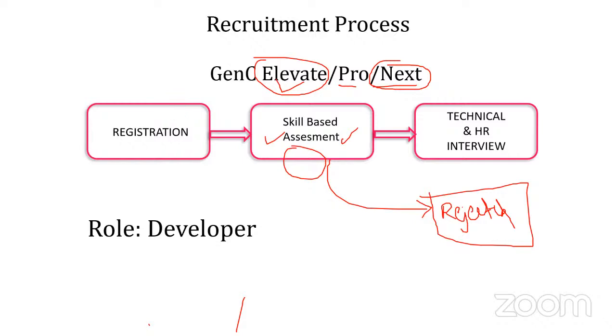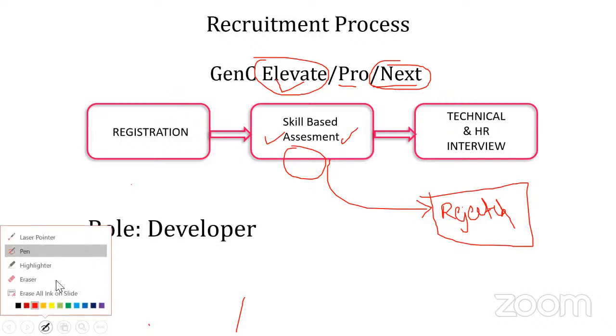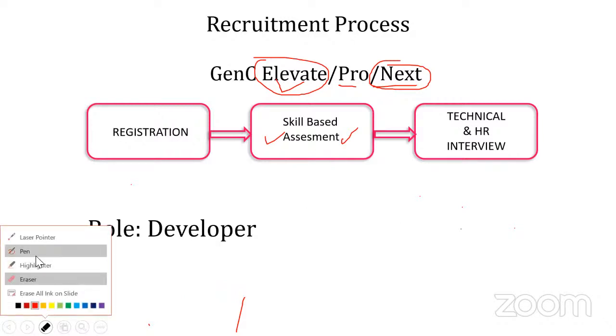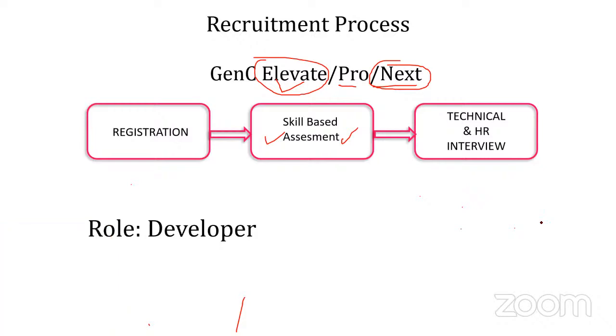Now, what do they ask for these profiles, like GenC Next or GenC Elevate? They usually ask about data structures, basic fundamentals of C language, then C++, then database management systems. All these things will be asked in the technical and final HR interview. So you have to prepare accordingly. Now, the job role that will be given after you get selected for GenC Next or GenC Elevate is developer.